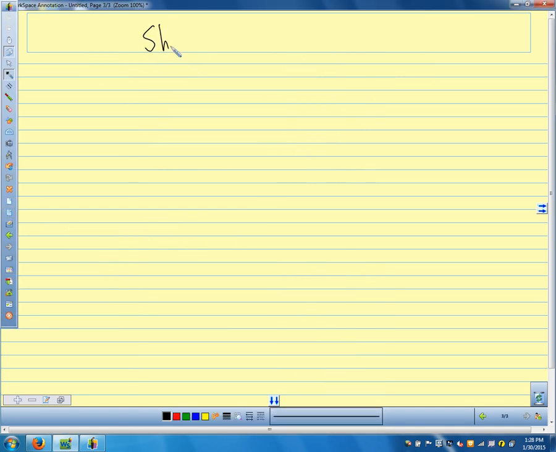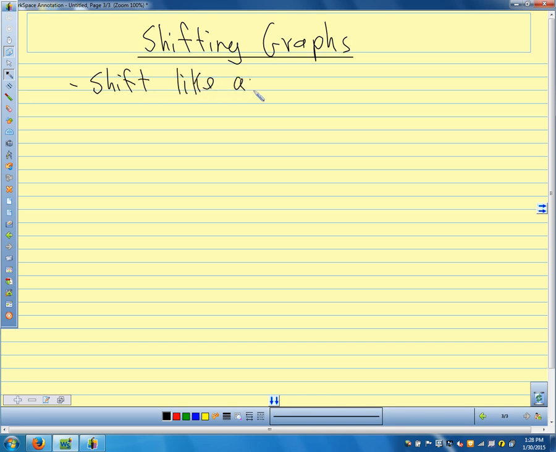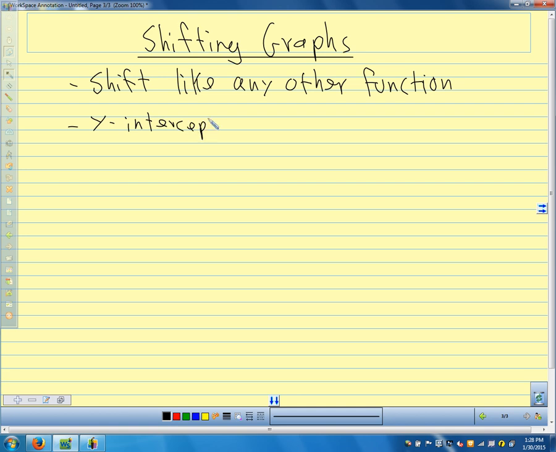Transformations. Shifting graphs of exponential functions is really easy. They shift just like any other function. The only detail that we have to keep in mind is that our y-intercept and the asymptote shift with the function.